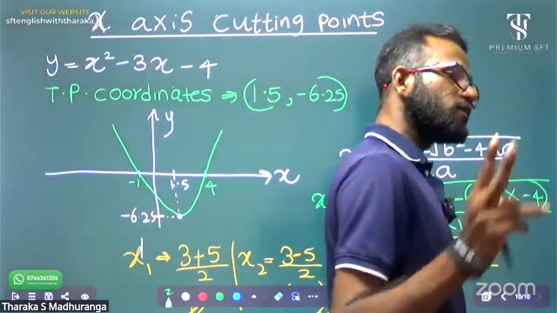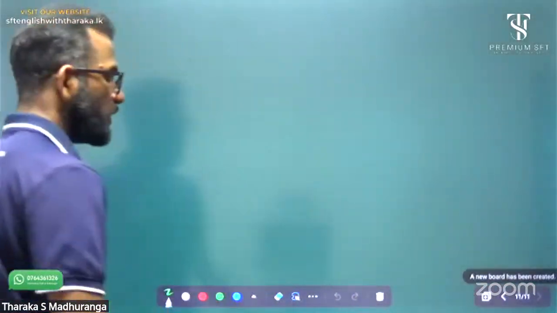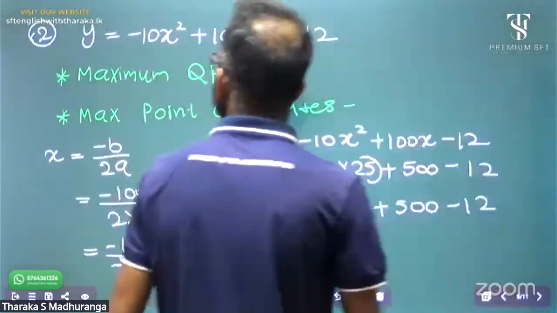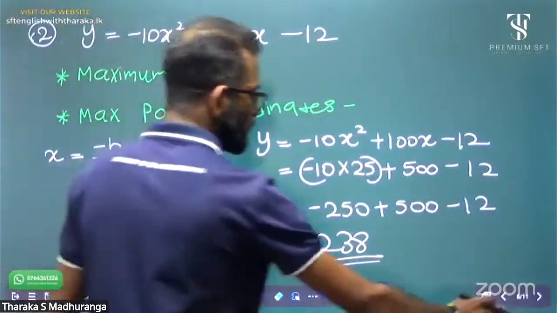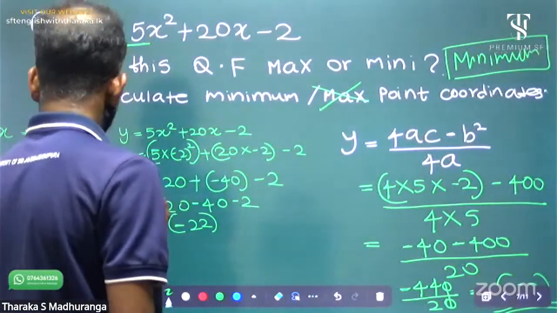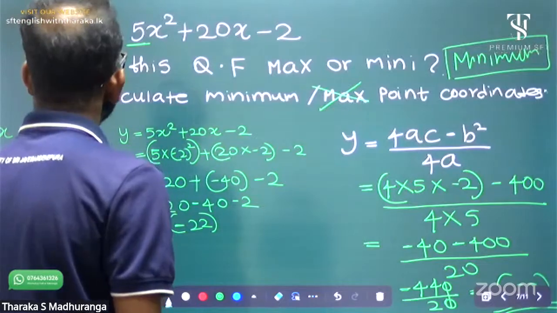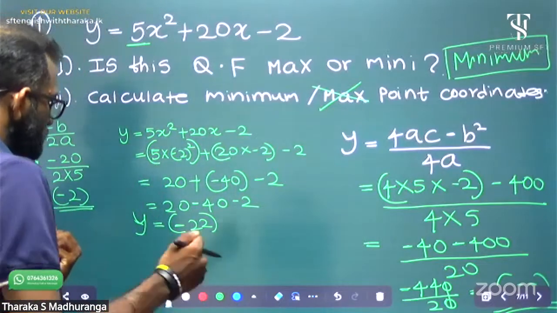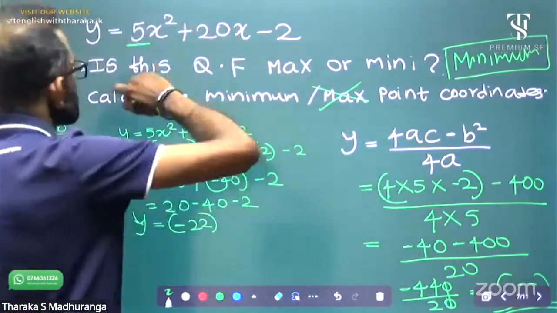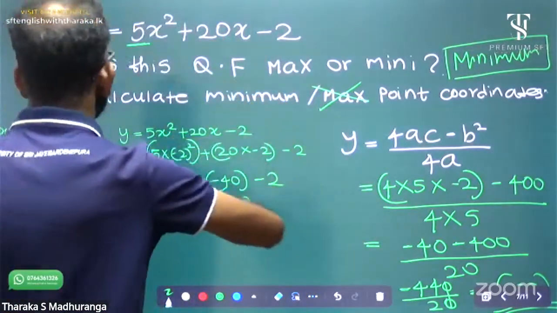Okay, let's practice two more questions. Let's take the previous question, now it becomes the first question. This is the second question.